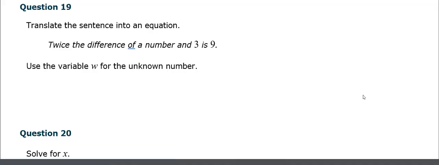Translate the sentence into an equation. Twice the difference of a number and 3 is 9. So there's your is again. So the difference of a number and 3. So it says use the variable w. So it says the difference. Difference means subtraction.